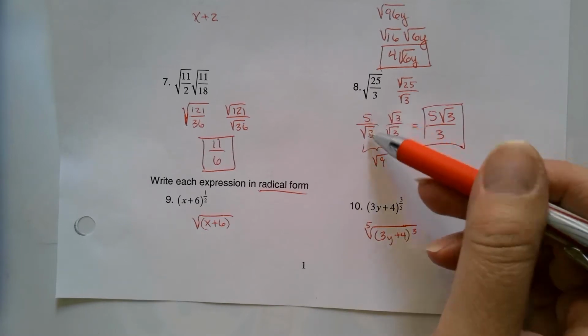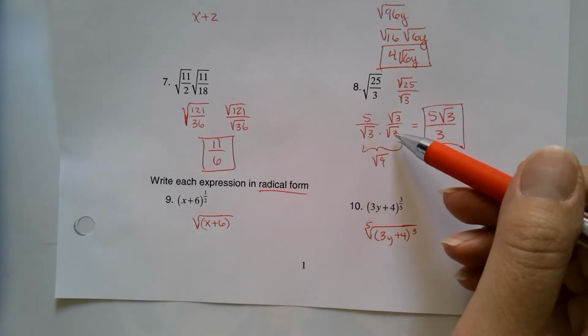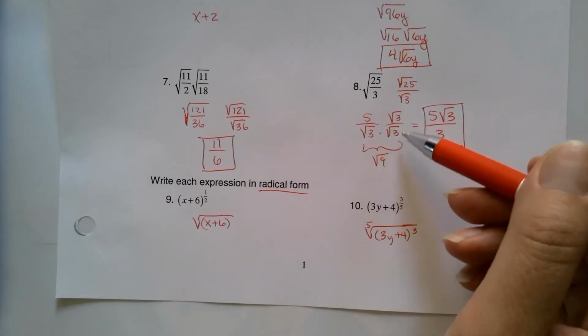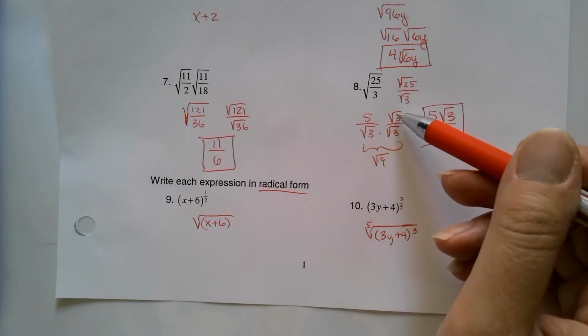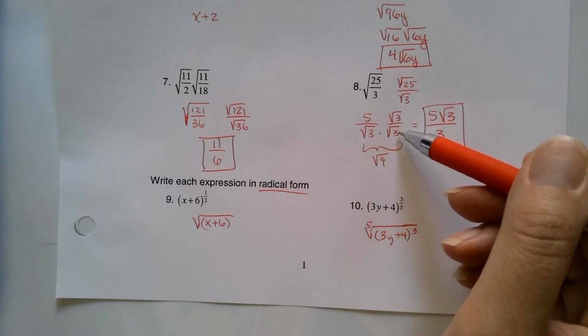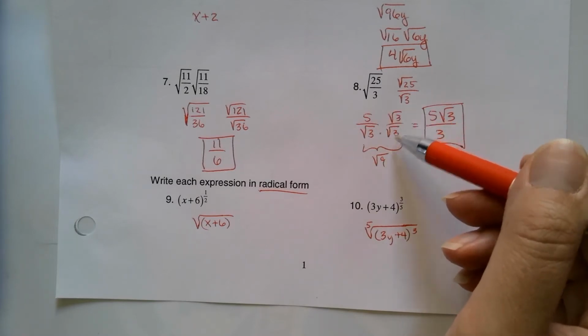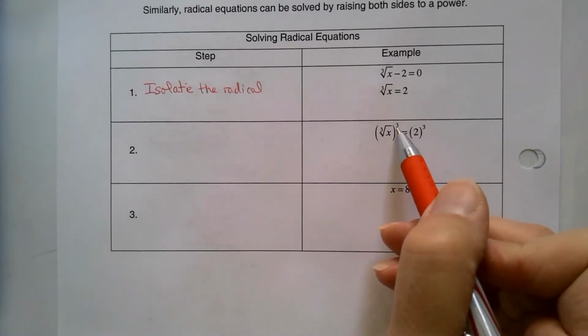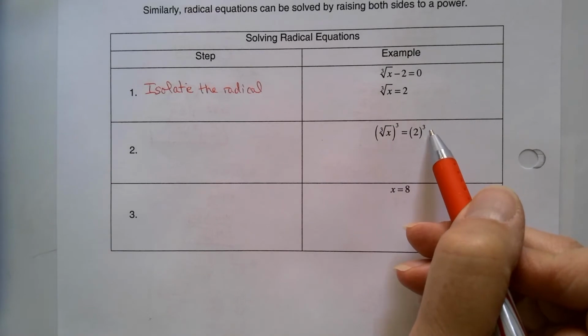Notice I have no equal sign here, so I can't just square it. I actually have to multiply it by 1, and that's what I want you to remember. There's no equal sign here, so I'm multiplying by the identity property, the multiplicative identity, multiplied by 1. But because I have an equal sign here, if I raise one side to the power of 3, I can raise the other side to the power of 3.